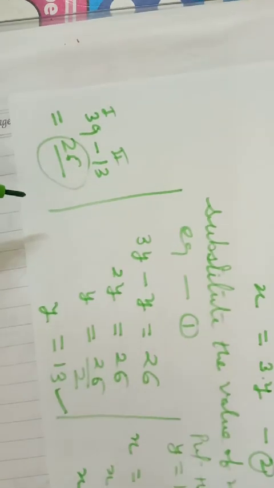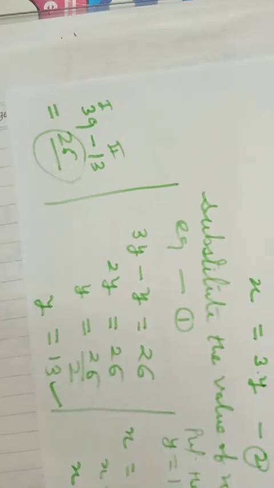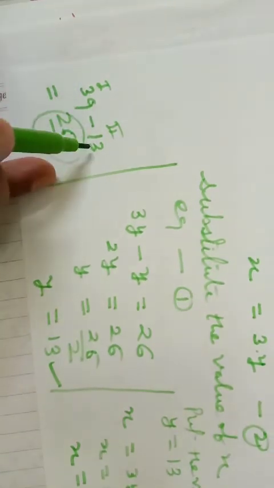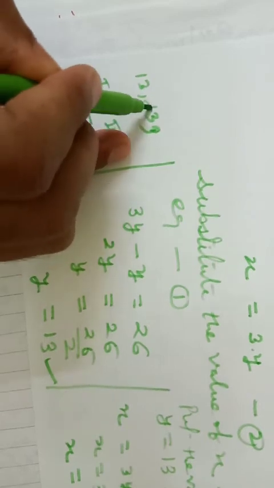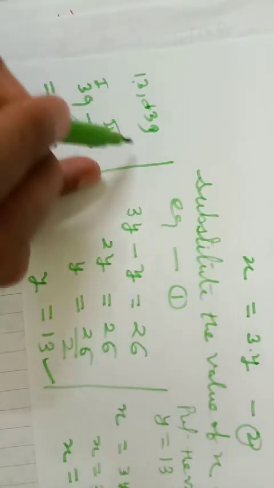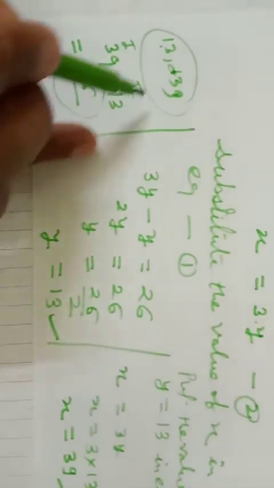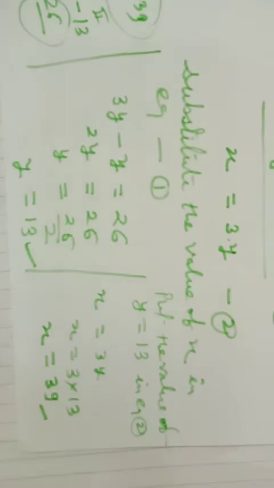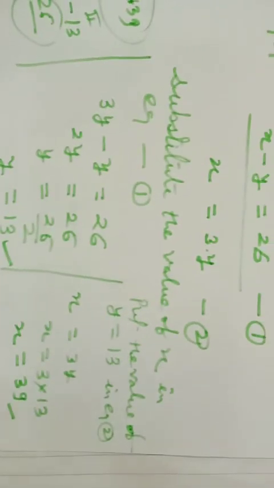And the first number is 3 times the second. One number is 13 and the second number is 3 times it, 13 times 3 is 39. Okay, it means your answer is correct. It is just rough work to verify the answer, and according to this you should solve in this manner.